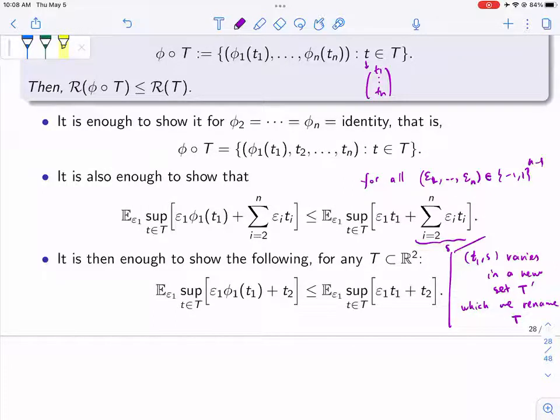So epsilon 1 is a very simple random variable. It takes values +1 and -1 with probability 1/2.